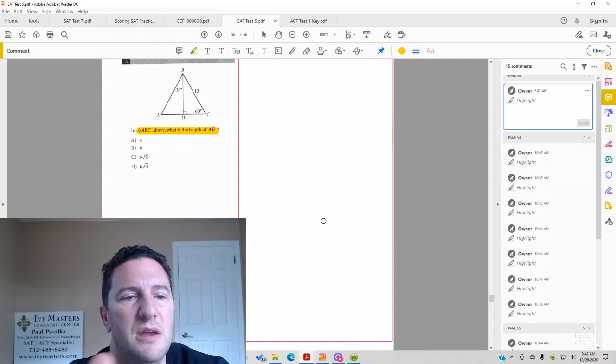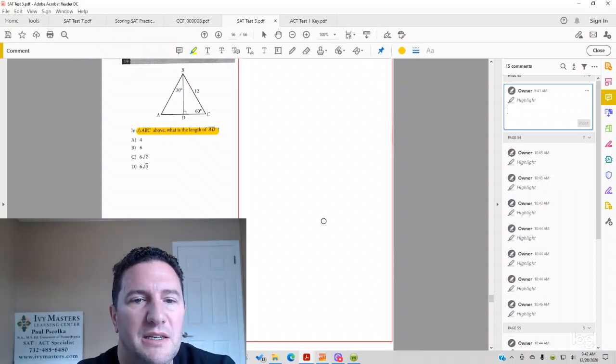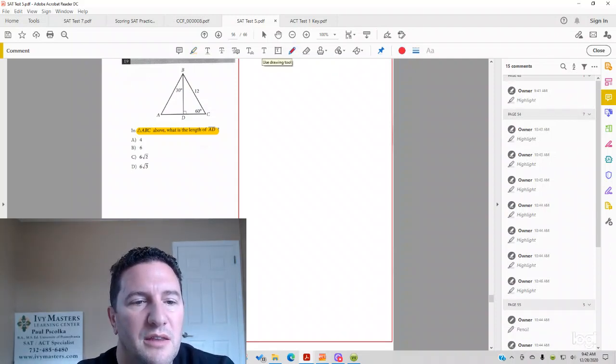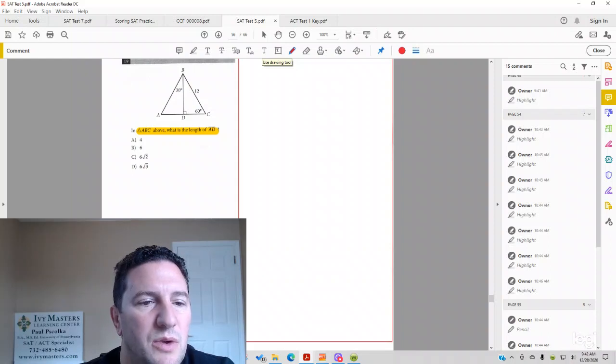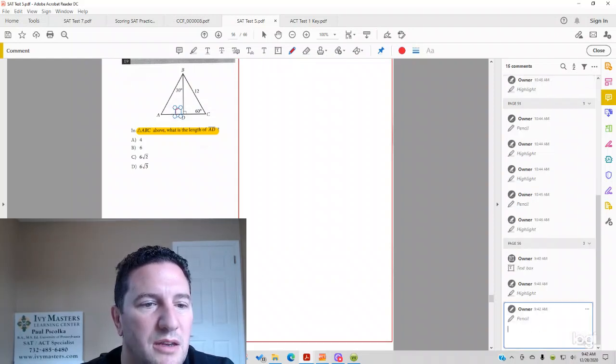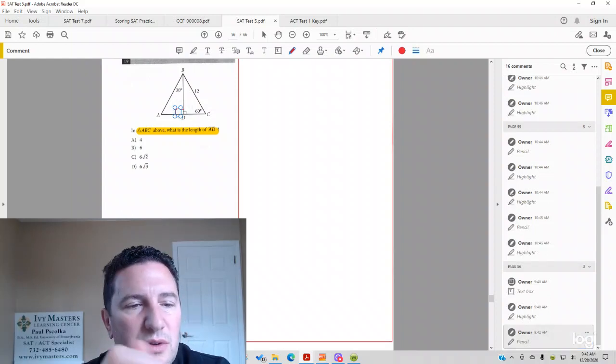So, for number 19, what you see here, you have this labeled as 60, and notice BD is the same side for both of these angles. So since we have angle BDC marked as 90, then we know that BDA has to also be 90 degrees. So leave a little mark there, that's 90 degrees.